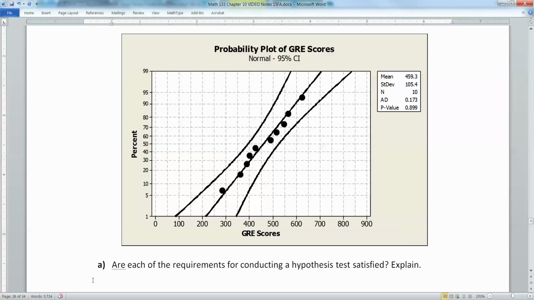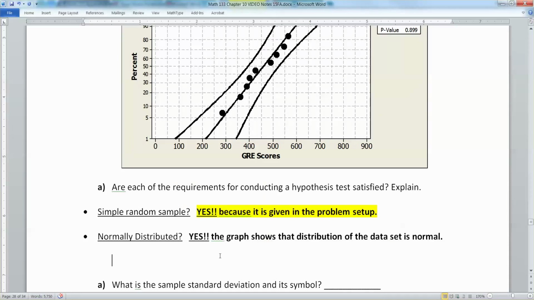We loved that section of chapter 7 and we can still love it, right? It's very easy to look at. You can see all the dots are following that central line. No points are outside of those boundary lines. And there we have it. So we are given in the problem setup that the sample is random, and we can see from the graph that the distribution of the data set is normal because the points all fall in the boundary lines.